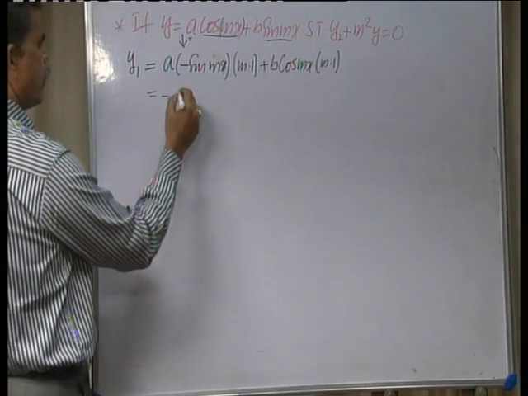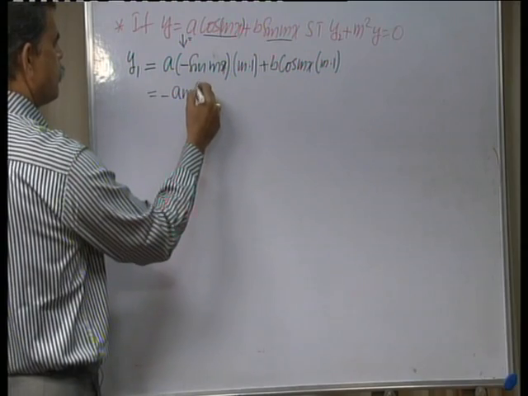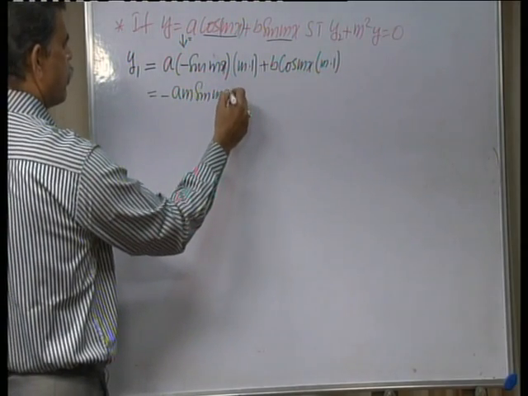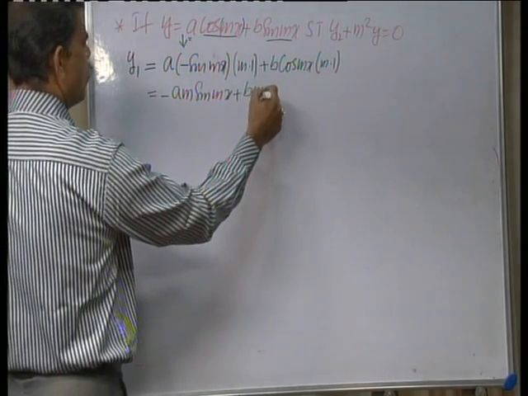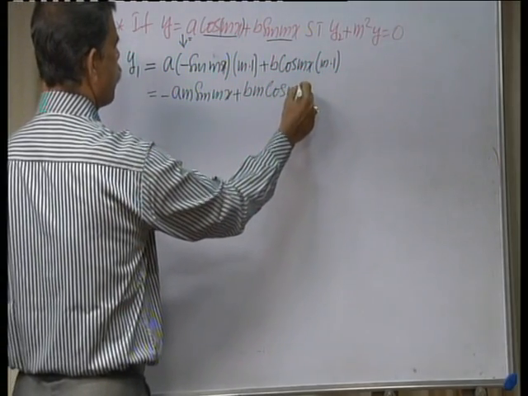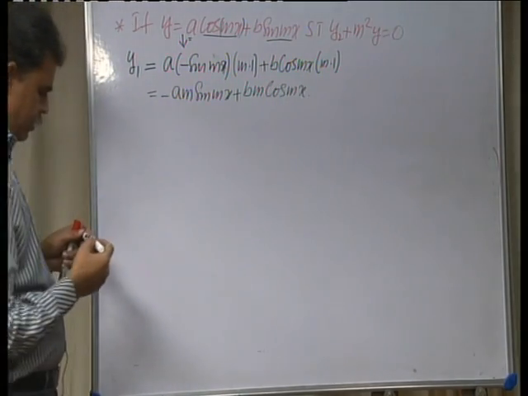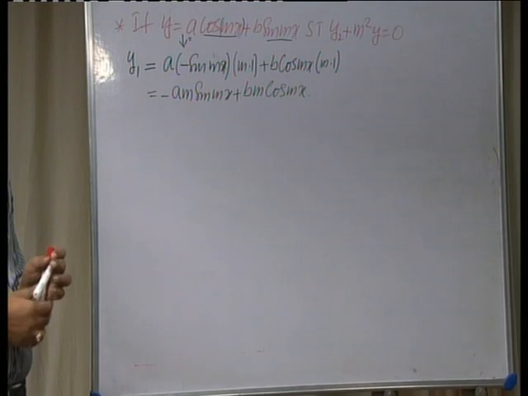So, minus a m sin mx plus b m into cos mx, it is dy by dx.